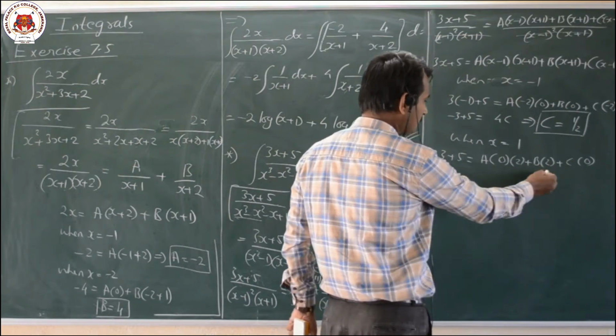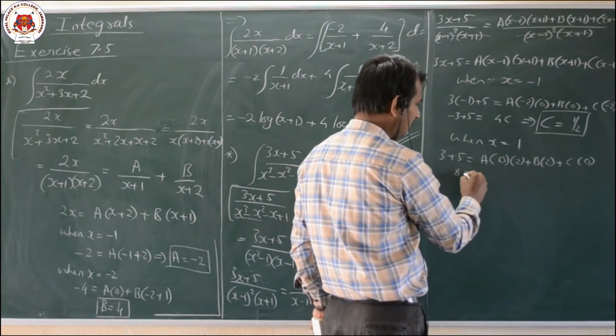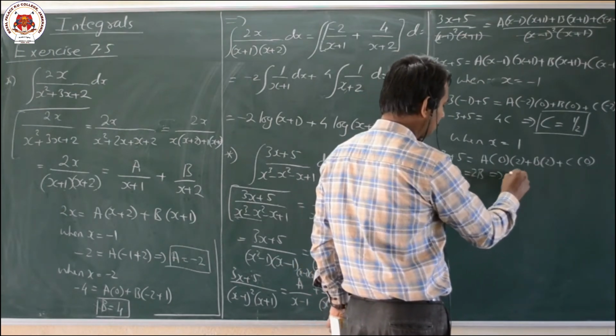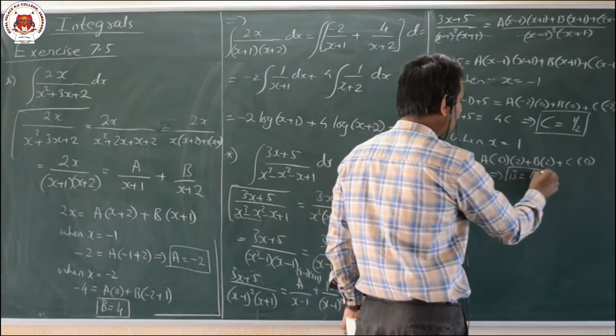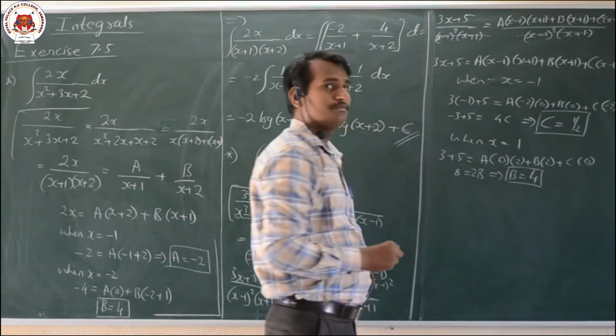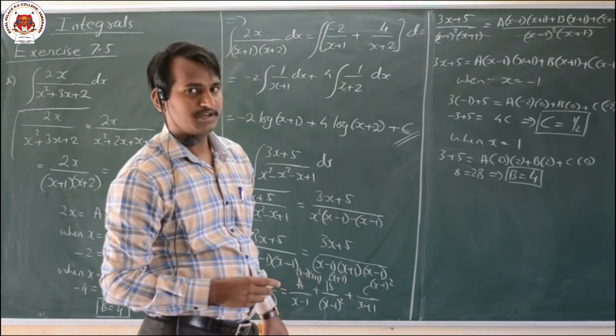Now here the zeros vanish, so 8 is equal to 2b, that implies b equals 4. Dear students, what did we get for the b value? It is 4.